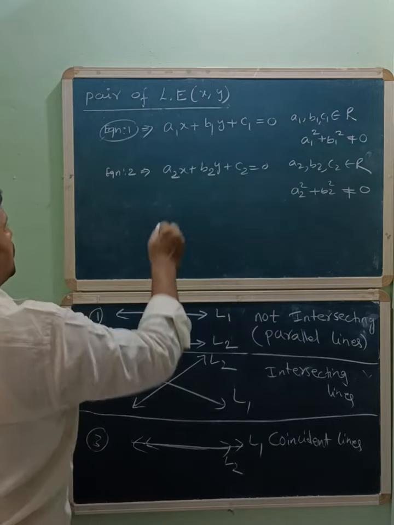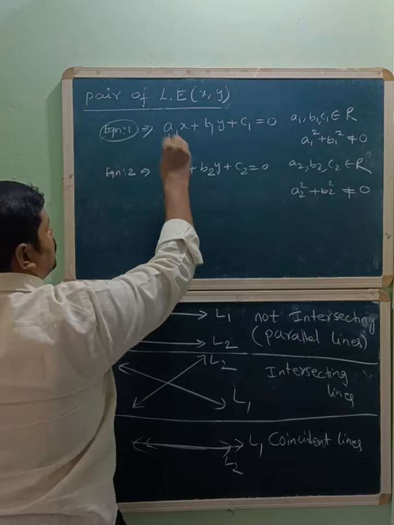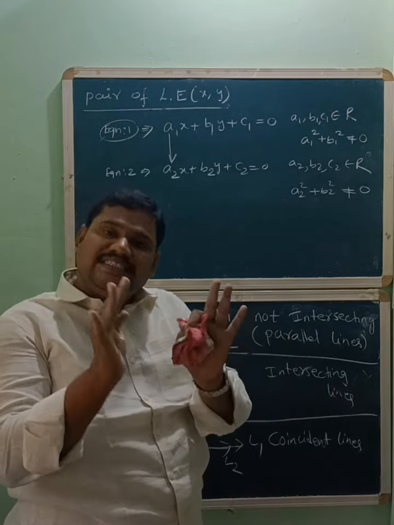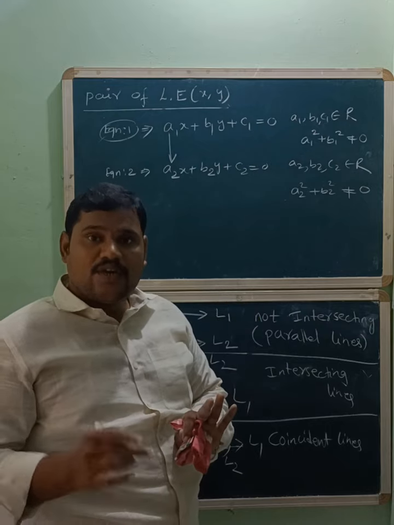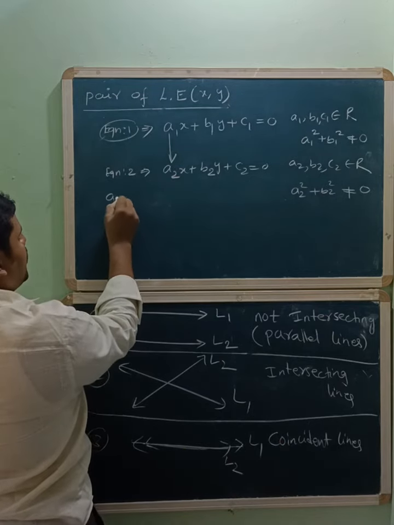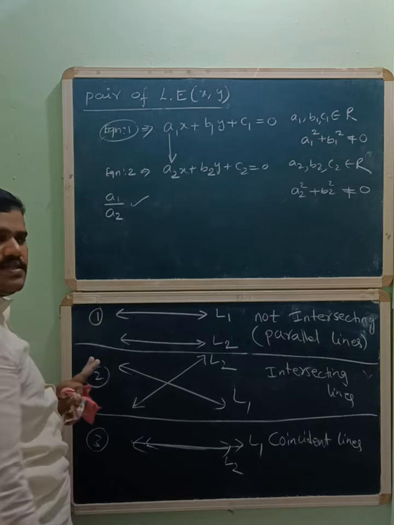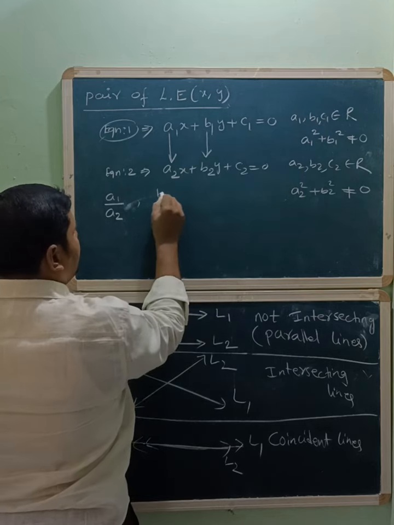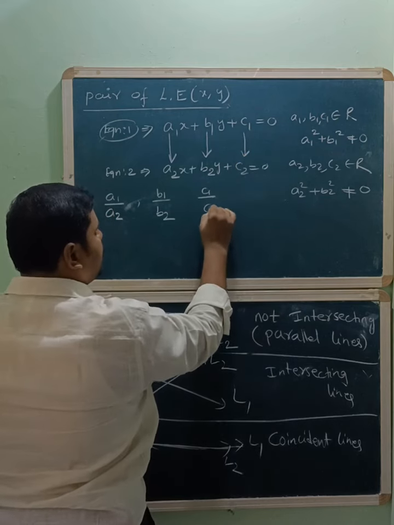Now we can take the ratio of the corresponding coefficients of x in the two equations, that is a1 and a2. We can find the ratio a1 by a2. Similarly we can find the ratio b1 by b2, and the ratio c1 by c2.